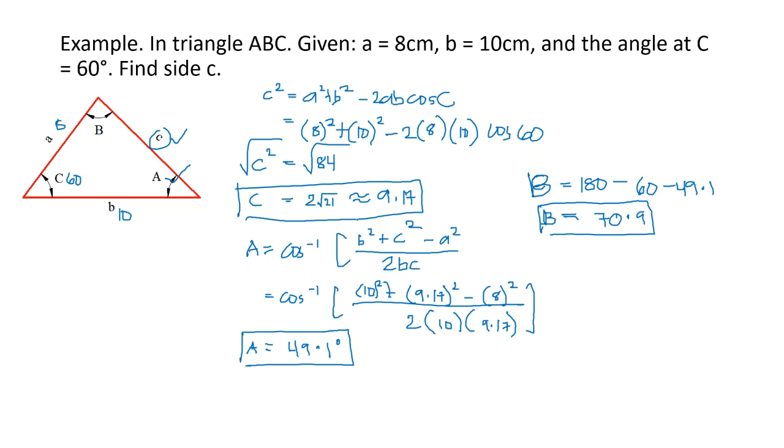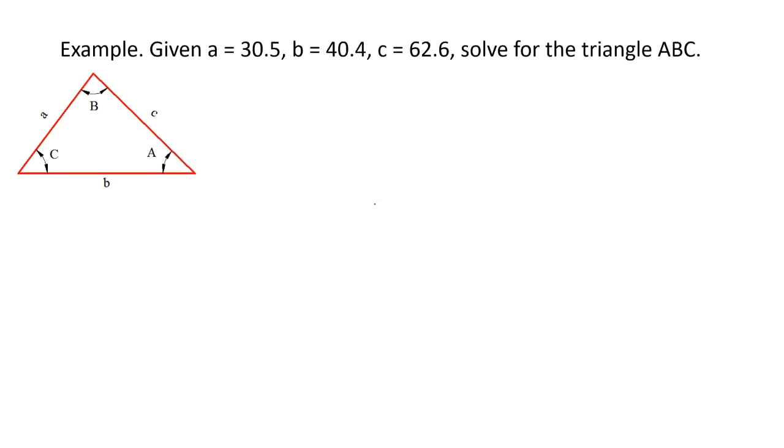Okay, so last one we have here, we have given A, B, and C. So that's given three sides. From these three sides, A is 30.5, C is 62.6, and B is 40.4.